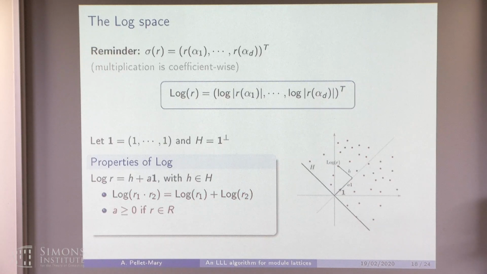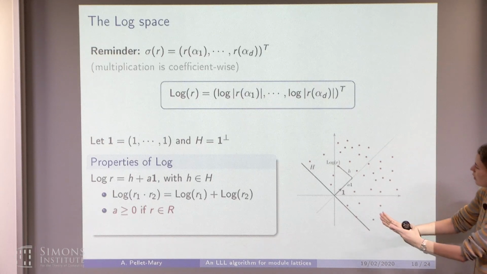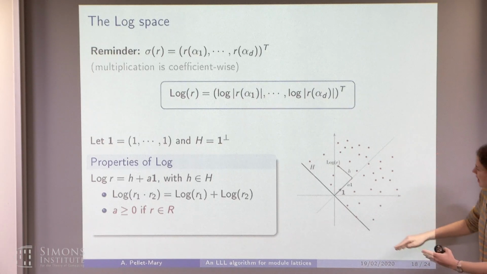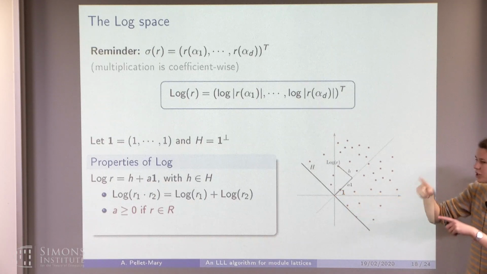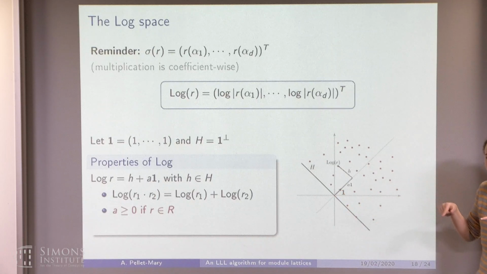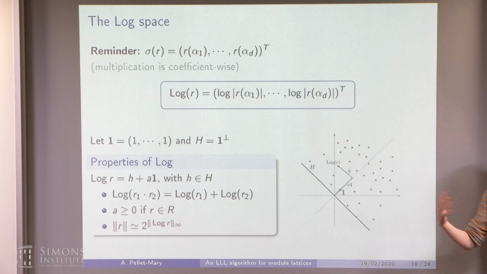Also, if I take the log of an element of my ring, they are all in a half space. They all have positive coordinates on this vector 1, which is 1, 1, 1, 1, 1, 1. So the sum of all coordinates of my vectors should be non-negative. And the size of the log is related to the size of the vector, except that it's in the exponent.